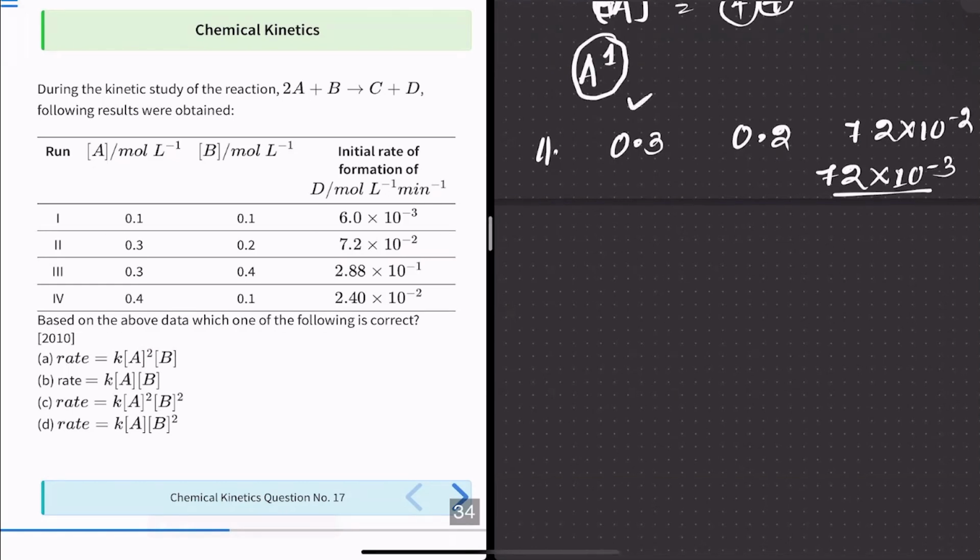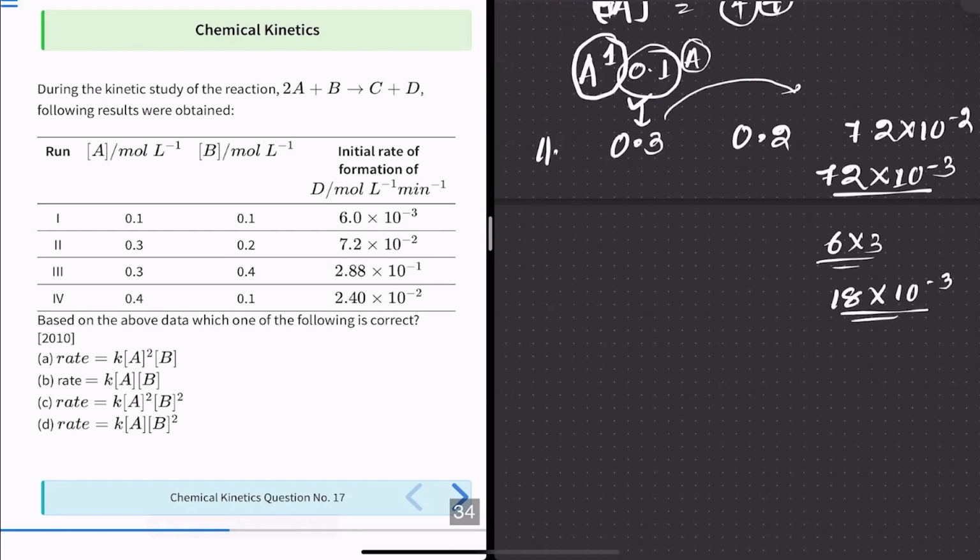We know the superscript for A. So if we increase A by 3 times, the reaction rate would be increased by 3 times. So it would have been 6 into 3, that is 18 into 10 to the power minus 3. But here it is written 72.